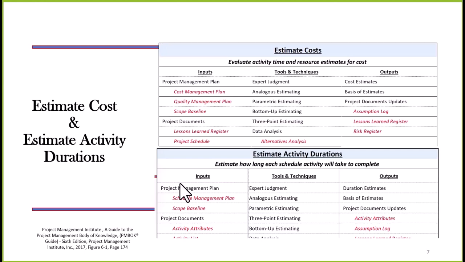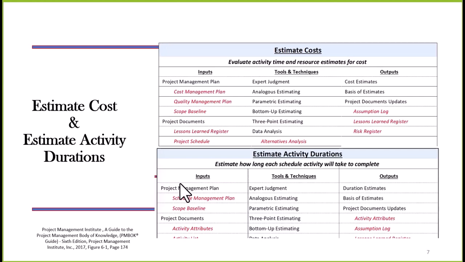Then we estimate activity durations, which is a part of our schedule. Our duration estimates, along with the project network diagram, which gives us the sequence, and the activity list, those are the things that we will use then to help us create our project schedule.